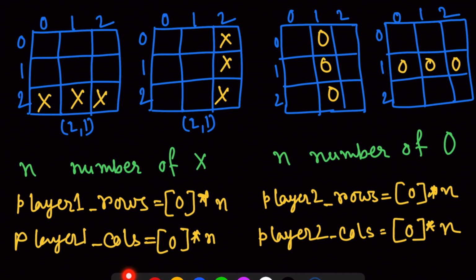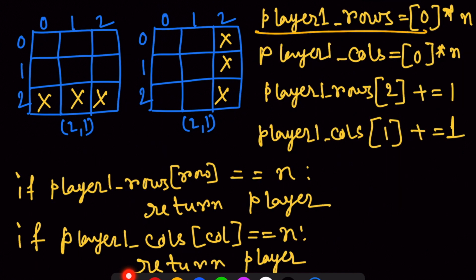So at each move, we will just check for this row. Here you see, if the player is marking at this cell (2, 1), this is at row 2, right? We'll just go to player 1 rows of 2. We'll see the number of cells marked by this player, and if it is n, then we can return player 1 in this move.